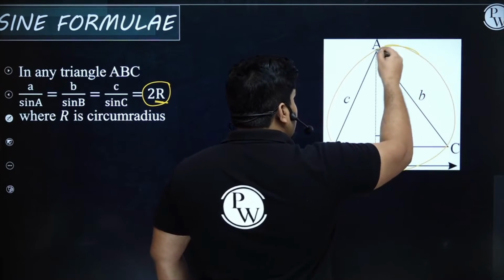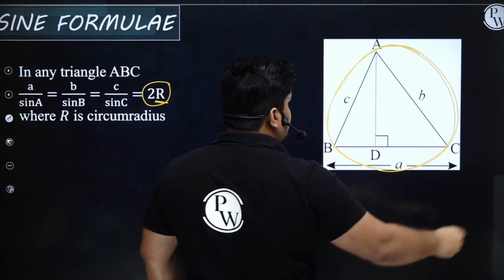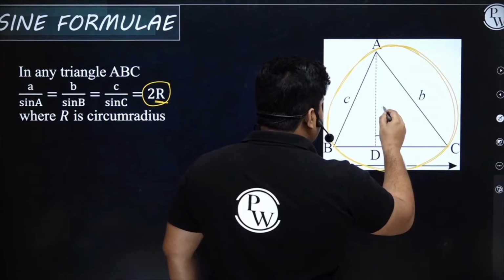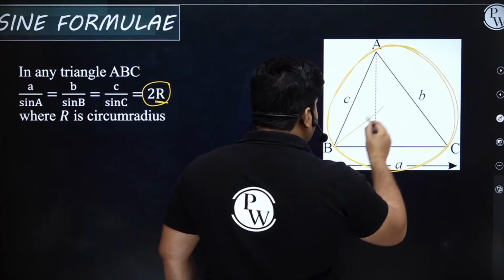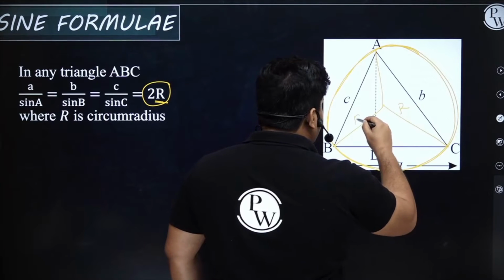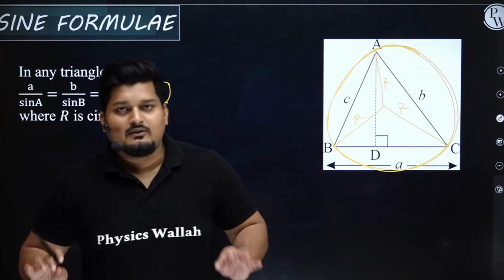The circle which is passing through vertices of the triangle, that is the circumcircle, its center is circumcenter. And the distance from each vertex is equal. All these will be equal to capital R. That is the circum radius. I hope everyone is already aware of these results.